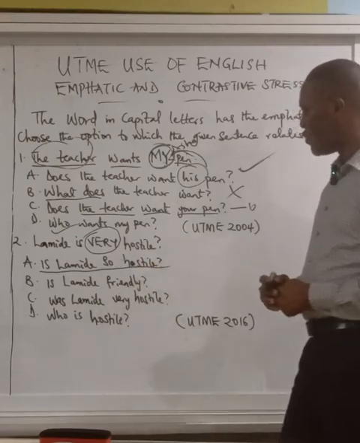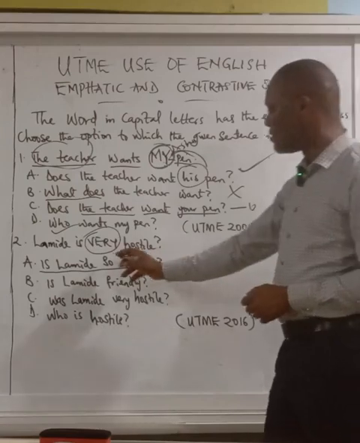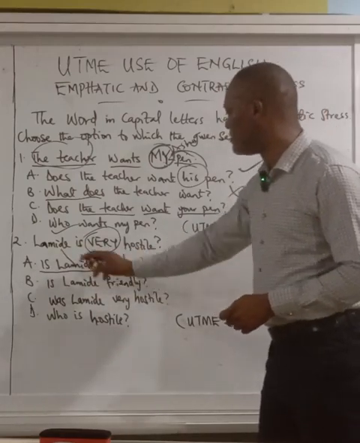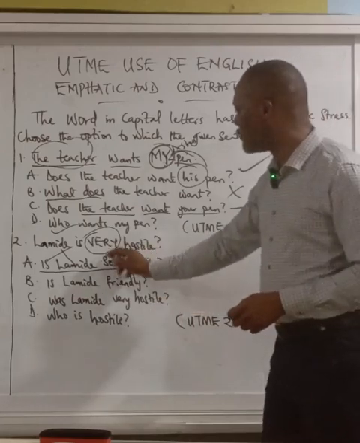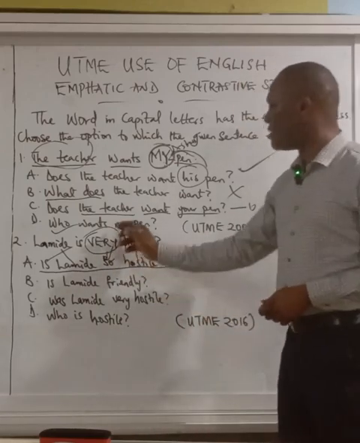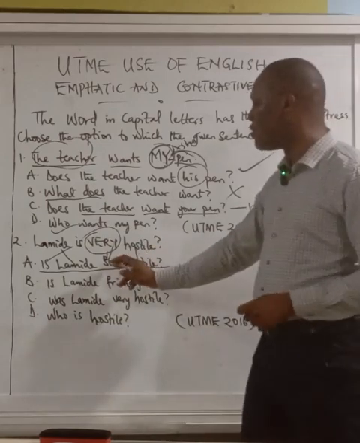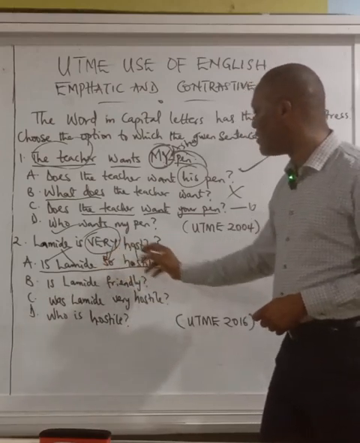Is Lamide so hostile? No. We will say Lamide is here, so is here, hostile is here. So this contrasts this: very and so. So is Lamide so hostile? No. He or she is not so hostile, but what? Very hostile.